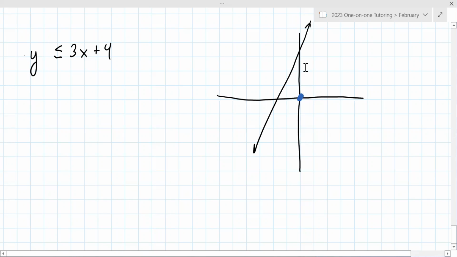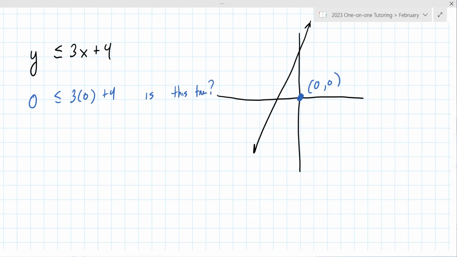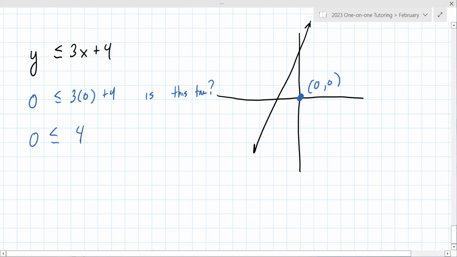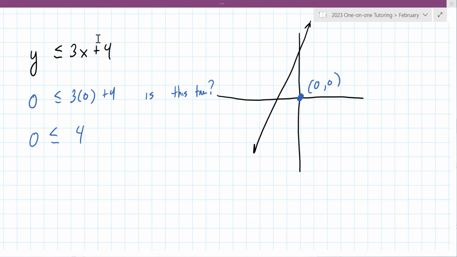Okay. Now, when you're testing the point, this has its own complications. You're asking, is this true? Meaning, is 0 less than or equal to 4? Yes. Now here's how the rule goes.